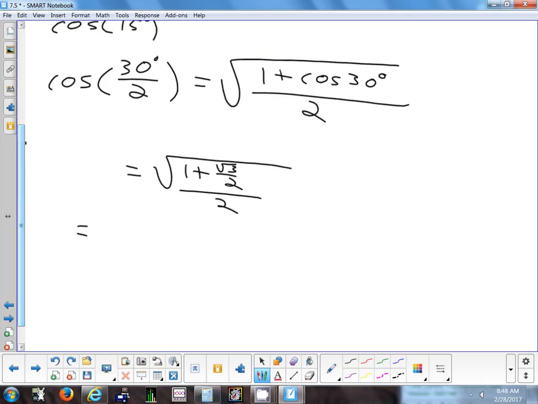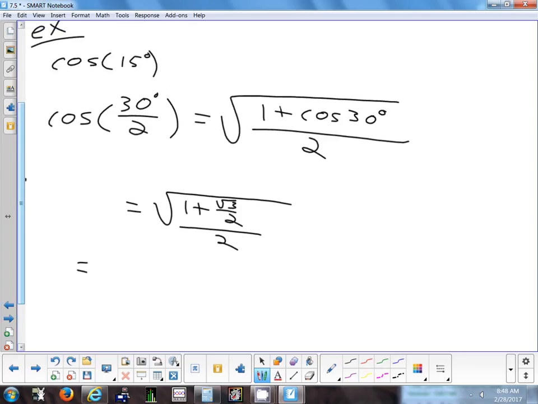Now, that basically is the answer, but that's a pretty awful way to read it, because you have a square root, and you have square roots within the square roots, and fractions, so it's kind of a mess. What could I multiply top and bottom by to at least get rid of my fraction within a fraction? Trevor? 2. Let's multiply the top by 2 and the bottom by 2. So what that's going to give me is the square root of, well, you tell me, what would be in the top?